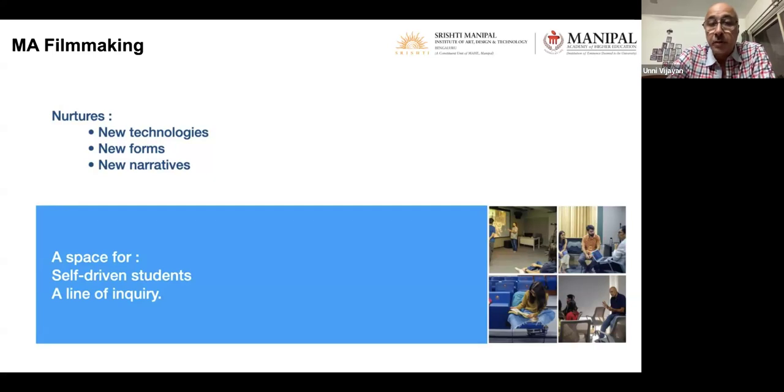It would be a course for students who have either engaged as young practitioners or have studied in a UG course. And so it's a space for self-driven students who come in with the line of inquiry that they already have in mind. So these 2 years, you already start with an understanding, and then you take it ahead. Could we go to the next slide?